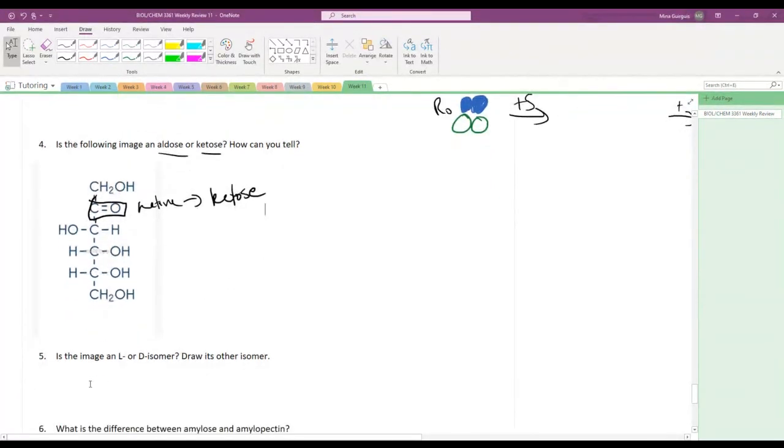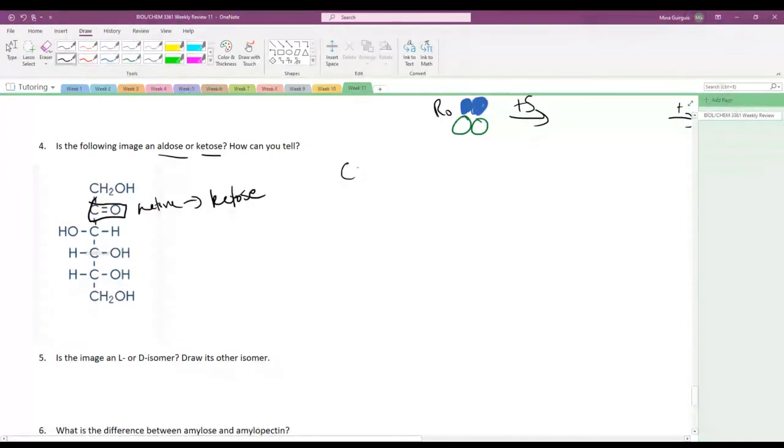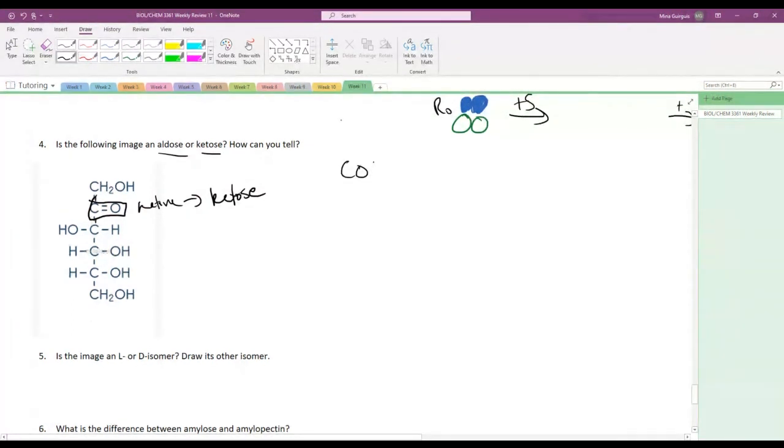Okay. So is it an L isomer or a D isomer? Just a quick recap on numbering. We number aldoses from the carbonyl. So their carbonyl is going to be in the first position. Actually, it's normally drawn CHO, so let me change that real quick.